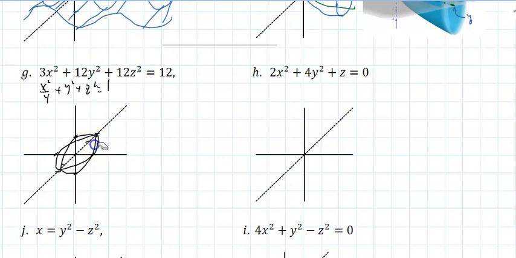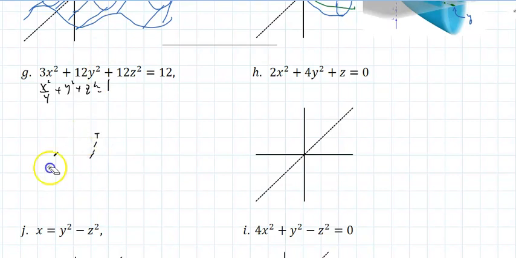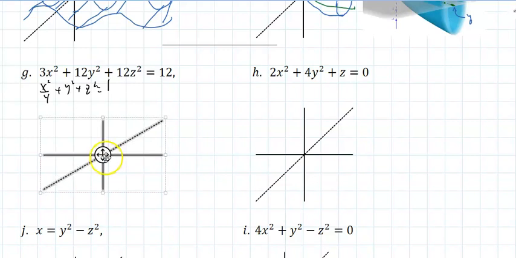If I make that a bit circular, it will look a bit better. Maybe make the axis rotate a bit more. Okay, maybe like this.